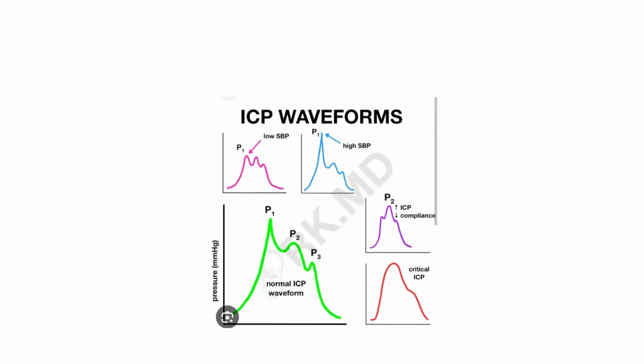The waveform caused by high systolic blood pressure is represented in the sky blue shade, with a peak in the P1 waveform followed by a fall in P2 and P3. The waveform in the blue shade shows increased ICP and low compliance, and the critical ICP waveform is shown in the red shade.